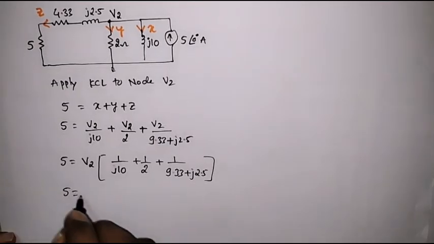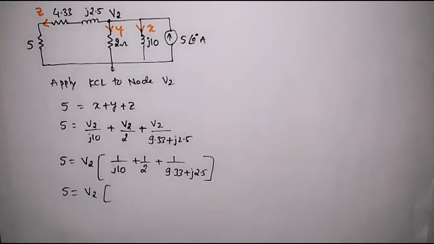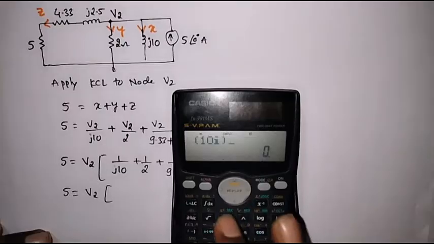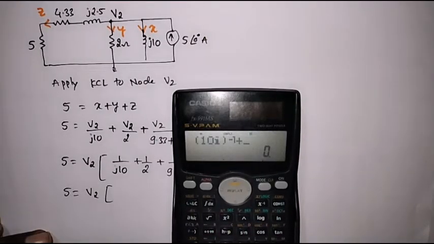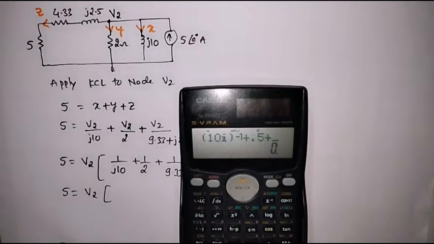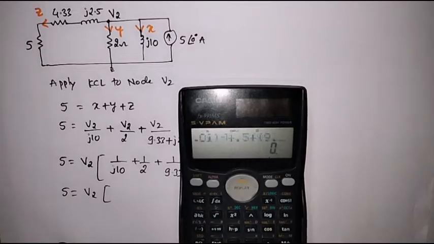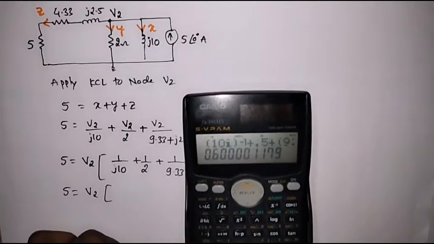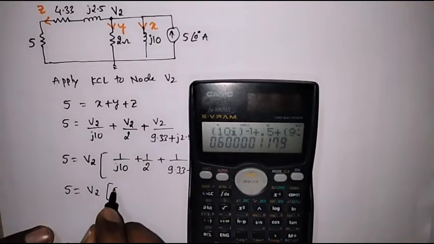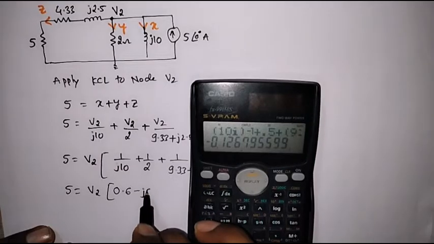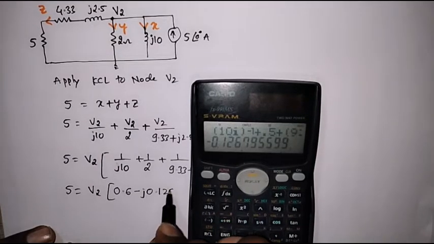We'll solve this. 5 is equal to V2 in bracket, that is the inverse of j10, plus 1 by 2 is 0.5, plus the inverse of 9.33 plus j 2.5, so it gives 0.6 minus j 0.126.